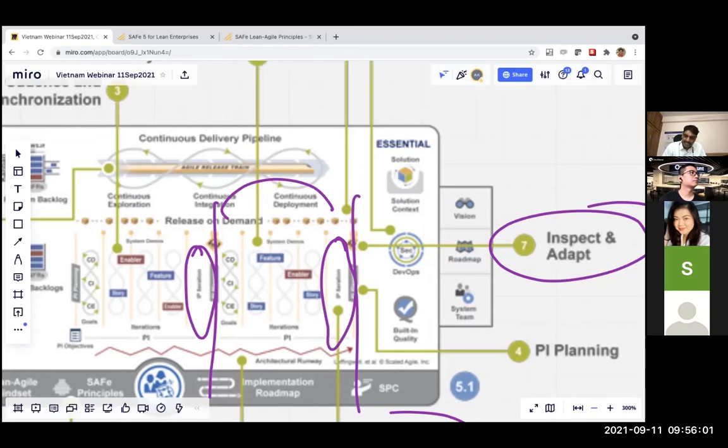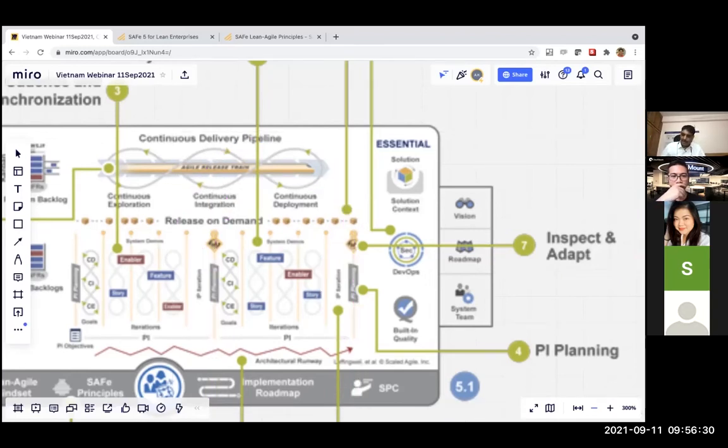You will start seeing what is coming up next, doing some exploration, some prototypes and proofs of concept. So the IP iteration is a placeholder where you only think about what is coming up next, what the future holds for us. So IP, innovation and planning, starts exploring those pointers for you. Any thoughts around inspect and adopt and IP iteration?